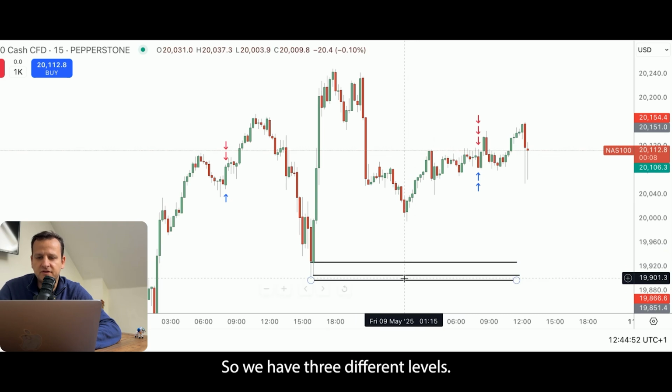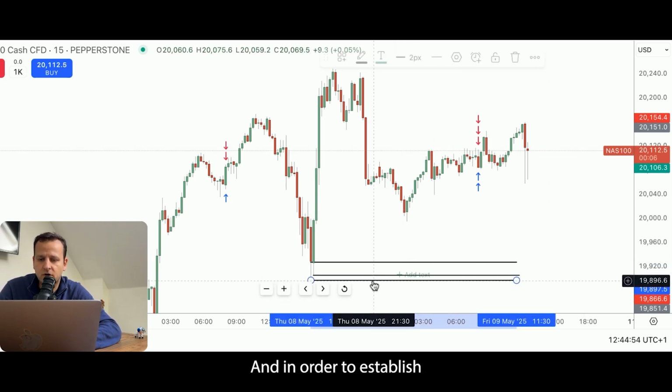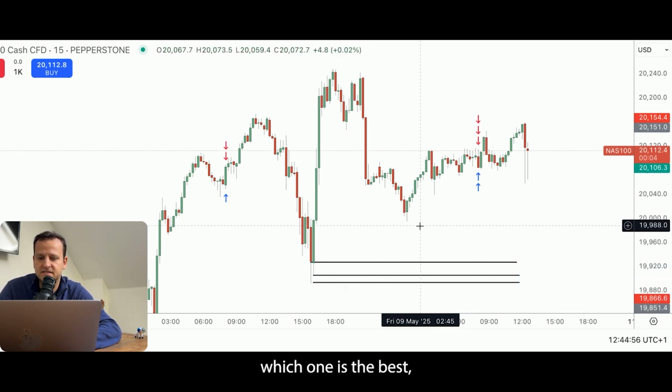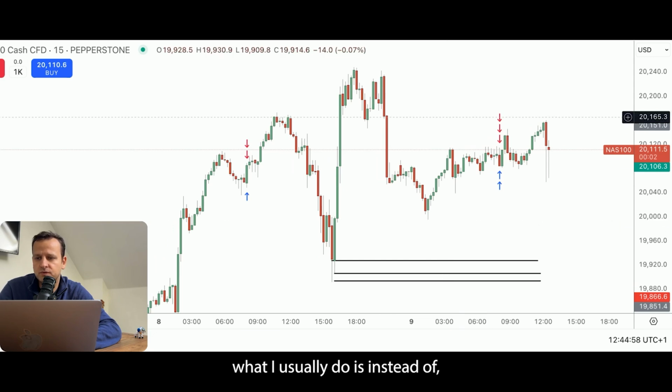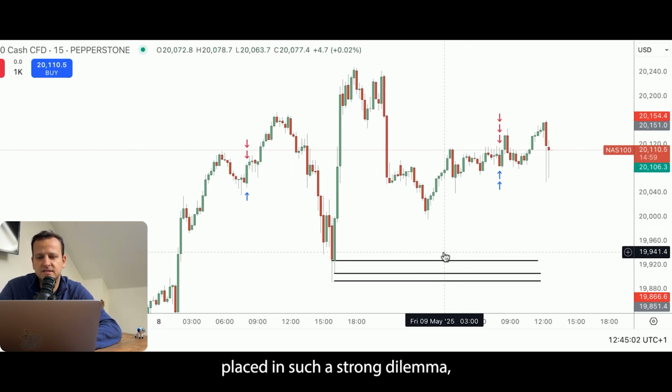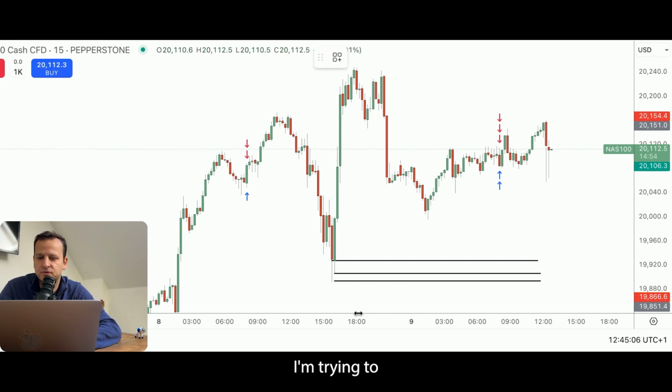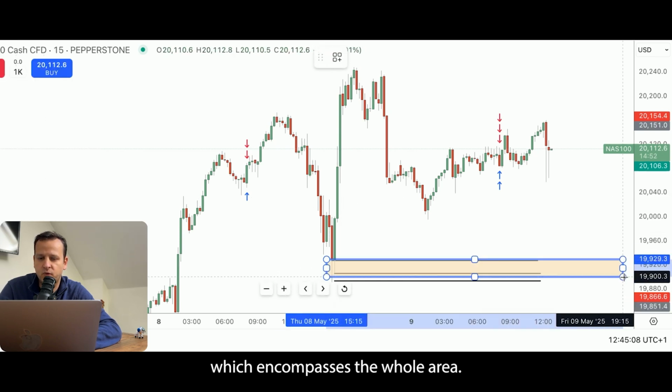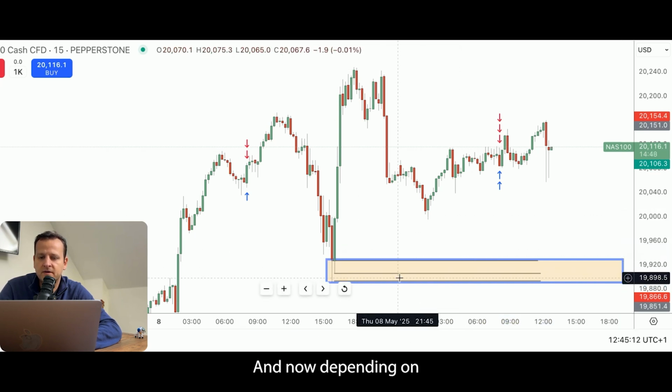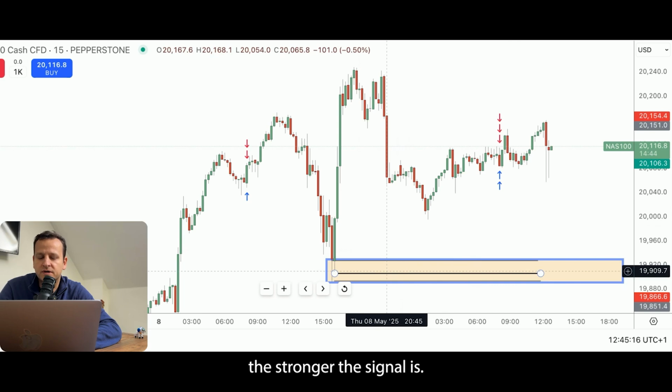So we have three different levels, and in order to establish which one is the best, what I usually do is, instead of placing such a strong dilemma, I try to draw a rectangle instead, which encompasses the whole area. And now, depending on where in this rectangle you are, the stronger the signal is.